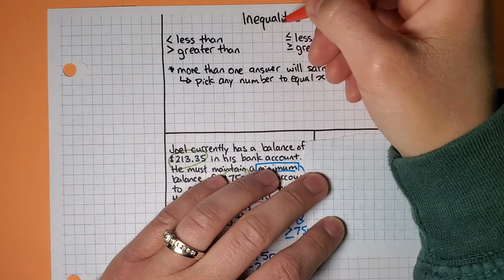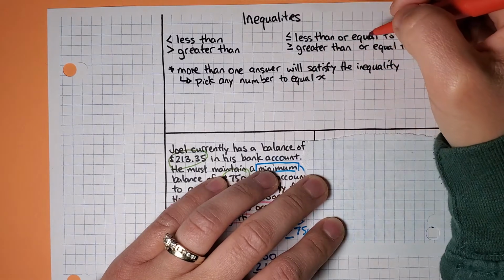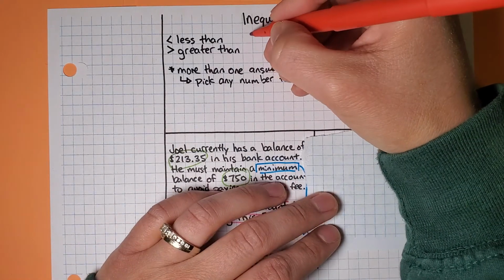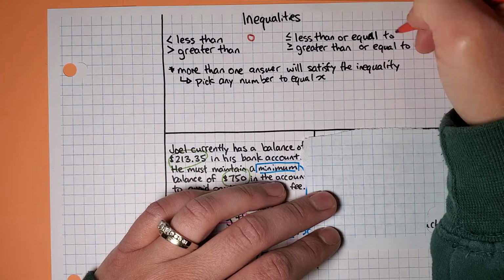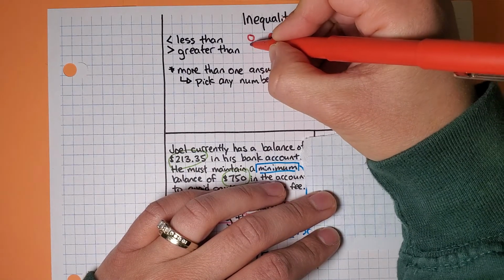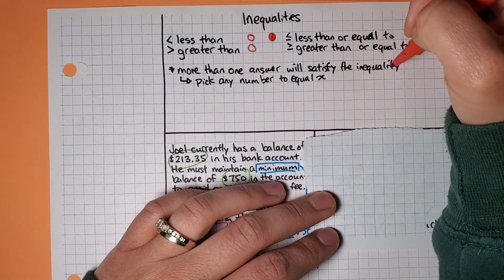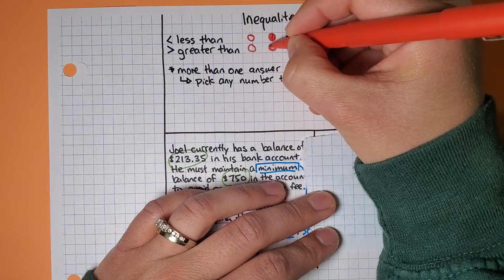Now when you're graphing, the difference between the two dots is that less than will be an open dot, and then less than or equal to, if it's equal to that number, you color in that dot. Greater than is an open dot, not colored in. Greater than or equal to, keyword equal to, you color in.